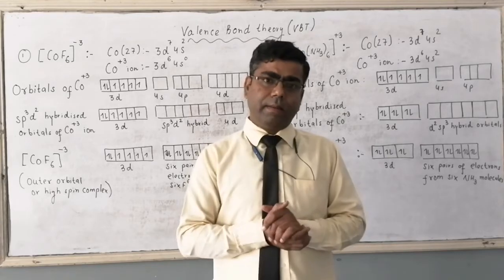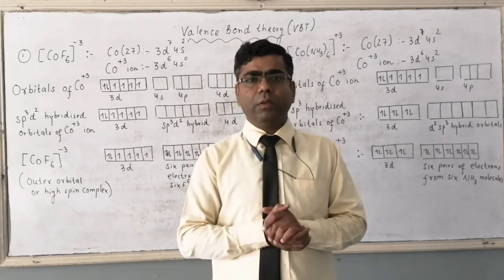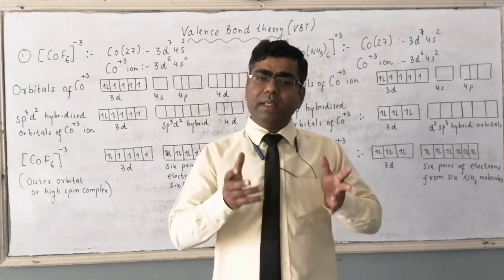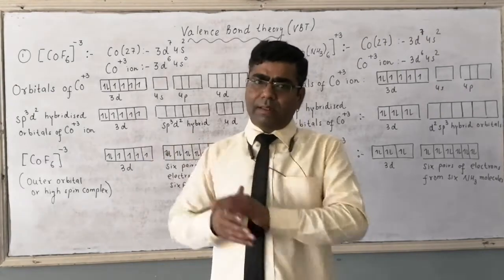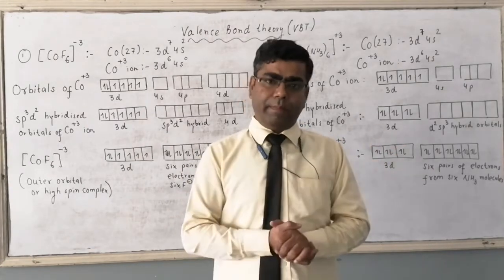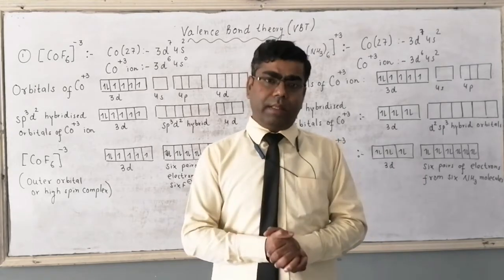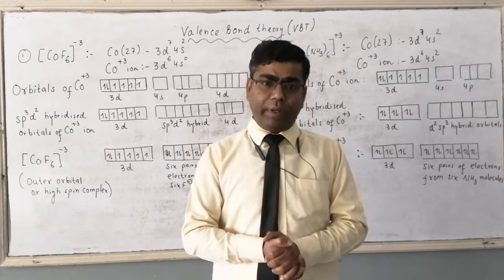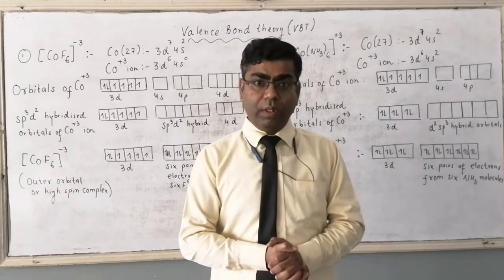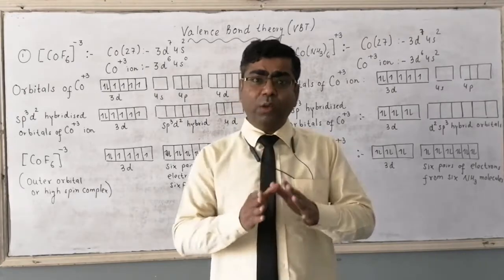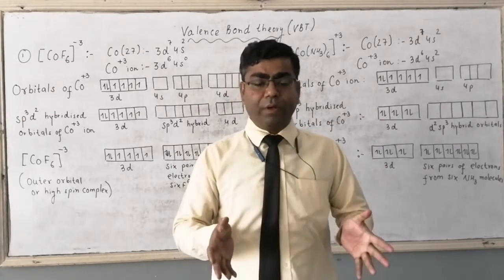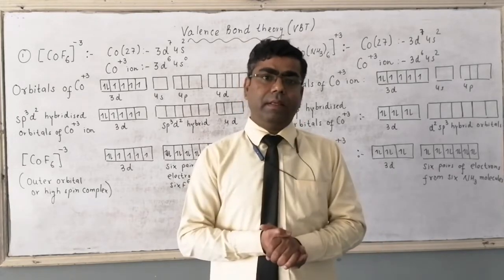In that case, we have two possibilities. The first: one from s, three orbitals from p, and two orbitals from d can undergo intermixing of energy, as a result of which six sp3d2 hybrid orbitals are produced, and the geometry will be octahedral because we have six ligands.